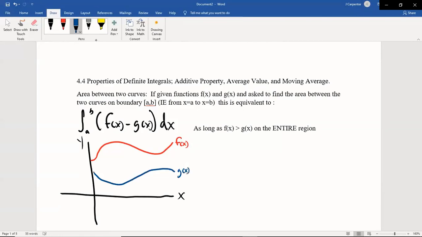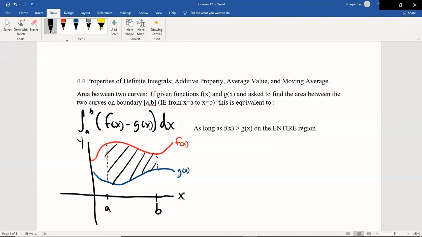And they can look like any curves in the world. And then let's have x values being a and b here. So maybe it's like from 1 to 10 or from 2 to 5, something like that. So the area that we are finding is this. That would be the area we're finding.